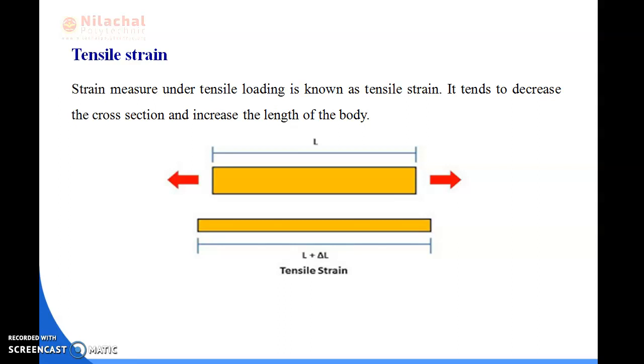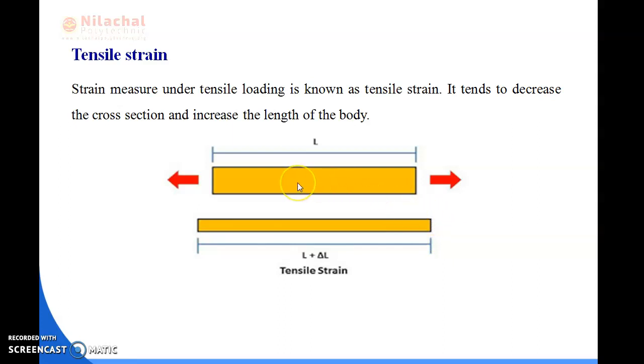While we give a tensile force to a body, you can see in the figure, here is the body, and when we provide a pulling load, the length of the body is increased and the width of the body is decreased.